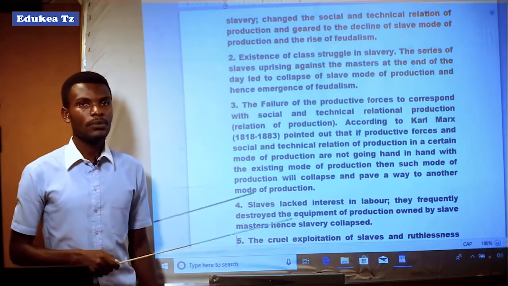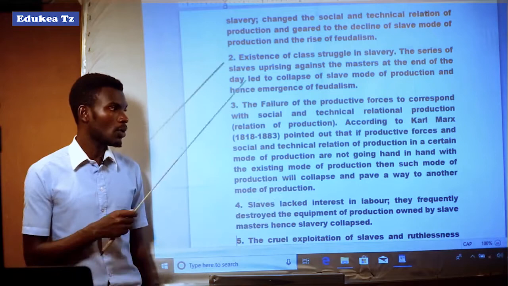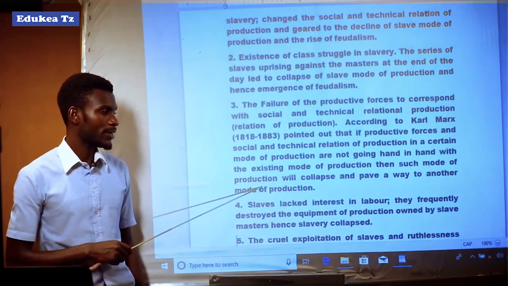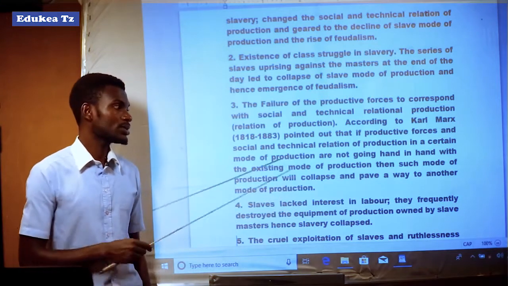So slavery could collapse or decline, and that's why the feudal mode of production came into being.